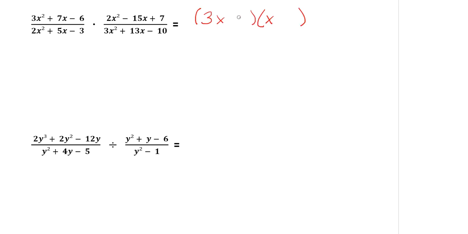If I put the 2 here and the 3 here, and I need the 6 to be negative, I'm looking ahead, 3x times 3 is 9. 9 take away 2 would be 7. So I need this 2 to be negative and the 3 positive. And again, if you do not like guess and check, go ahead and diamond box it.